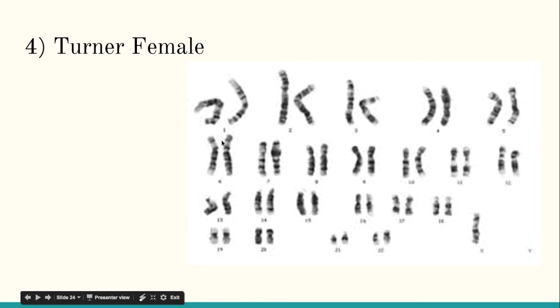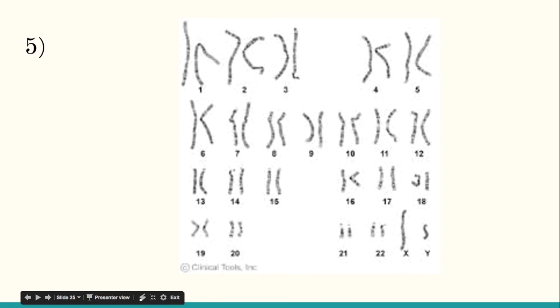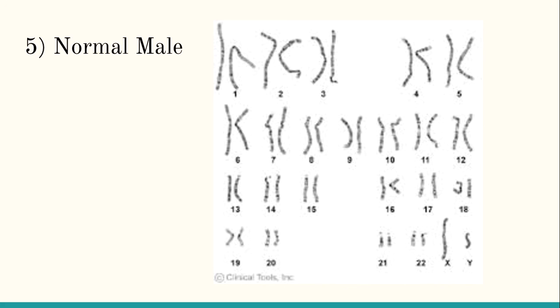Again, if we look, all the autosomes, these body chromosomes, are paired up, except the sex chromosomes where I only have 1. And our last one, this individual is a male who is normal chromosomally speaking. Again, I can count there are 46 chromosomes, and 2 of those are sex chromosomes. 1 is X, 1 is Y.